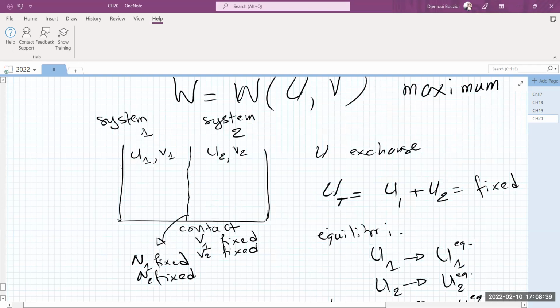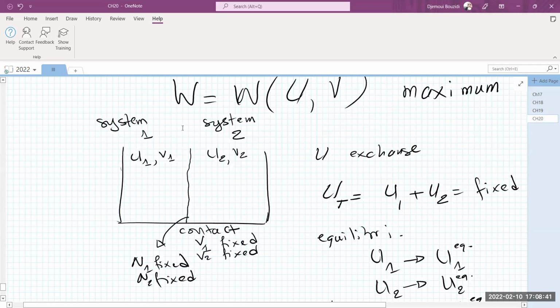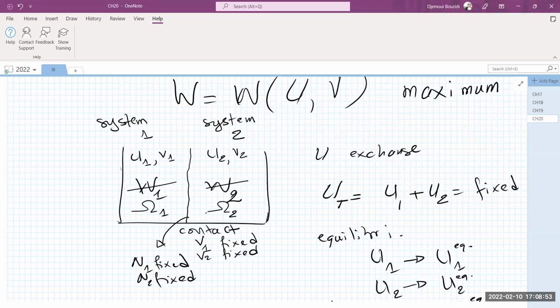Now, since these two are independent systems, their probabilities are independent of one another. So in other words, if there are, for example, 2 ways of arranging system 1 and 3 ways of arranging system 2, then there is a total of 6 ways of arranging everything, because for each one of these 2, I have 3 ways for this one. But I have 2 of them, 2 times 3 is 6.